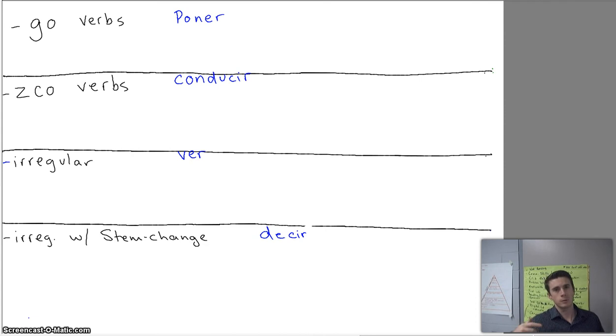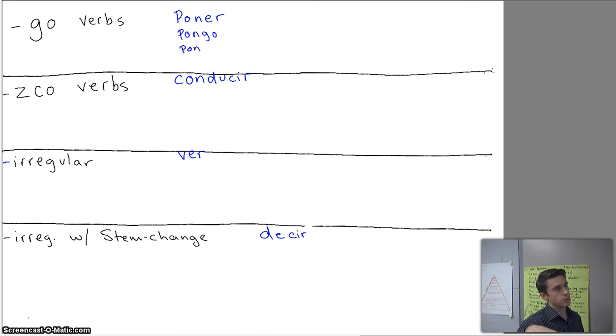If you know it's going to be irregular in the yo form, that's the first one. We know it's a go verb, so they're telling us what that first irregular yo ending is going to be. So our yo form is pongo. Now it goes back to being normal. Here is our stem.